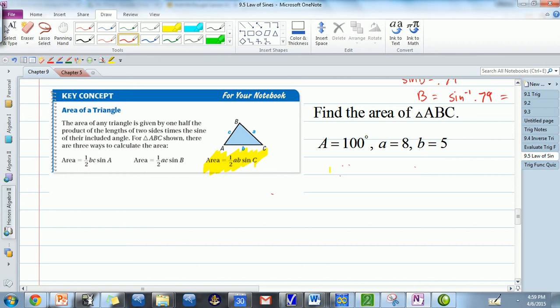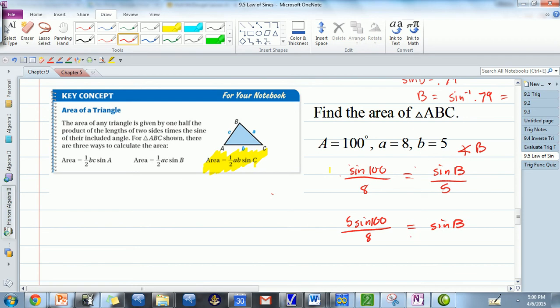So let's work on what we know. How about this? Let's work on getting angle B, and that might open up what we need. So from here, say sine 100 over 8 equals sine B over 5, right? So that means that 5 times sine 100 over 8 is going to equal sine B, right?